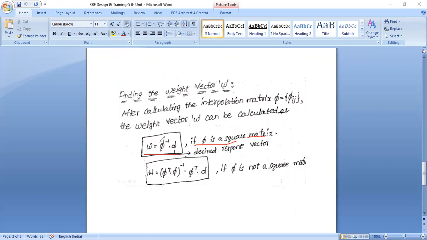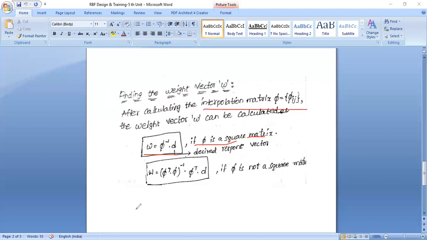This equation is used if phi is a square matrix as per the interpolation concept. As we have discussed this interpolation concept in earlier sessions, just go through those sessions once if you have any confusion regarding the interpolation matrix.